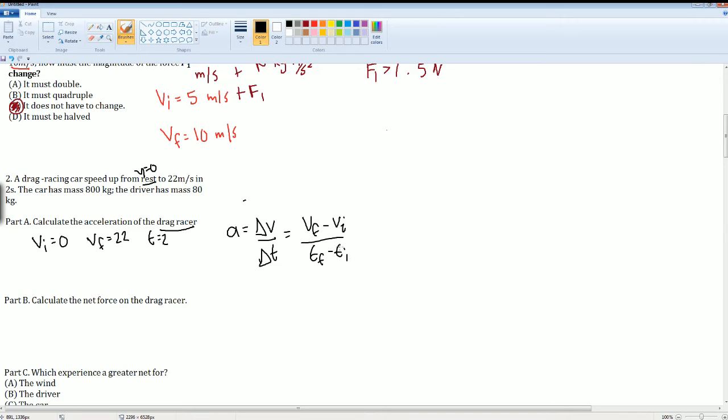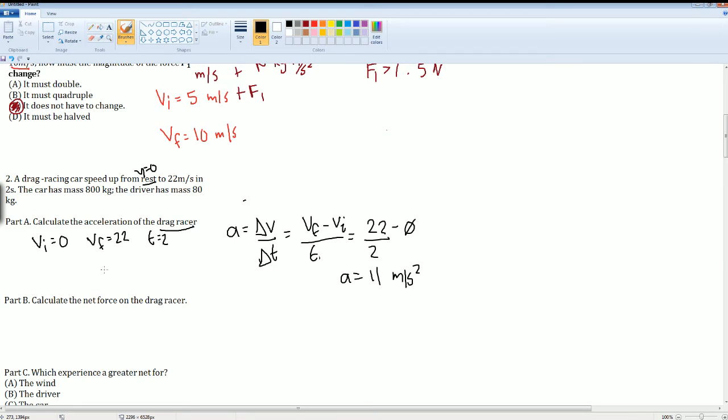But ti equals 0, so sometimes you just see it as how much time occurred. Okay, so V final was 22 minus 0 because it was from rest. Time was 2 seconds. So acceleration was equal to 11 meters per second squared. Okay, there you go. Good.